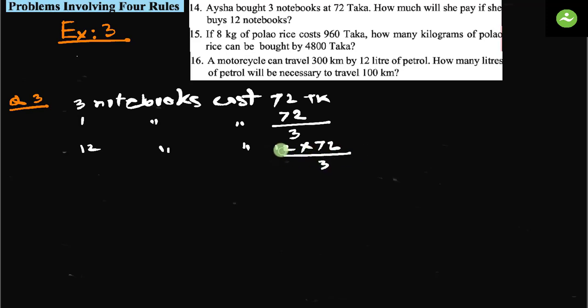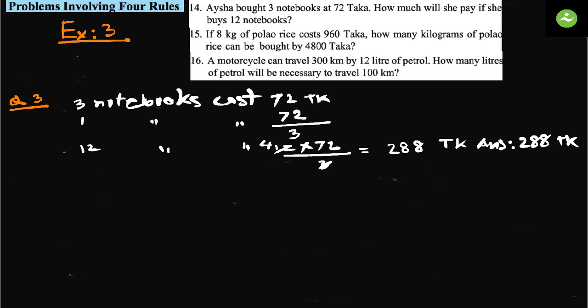If we divide 12 by 3, it's 4. 4 into 72 equals 288 taka. So the answer is 288 taka.